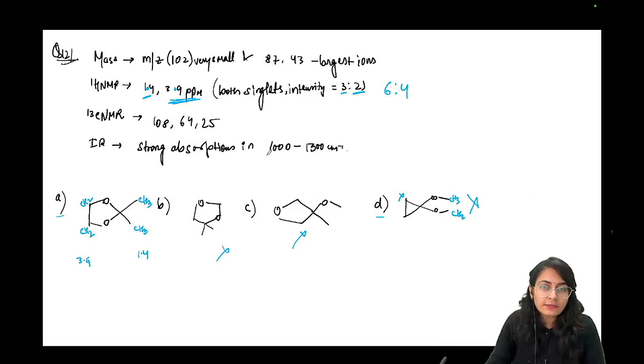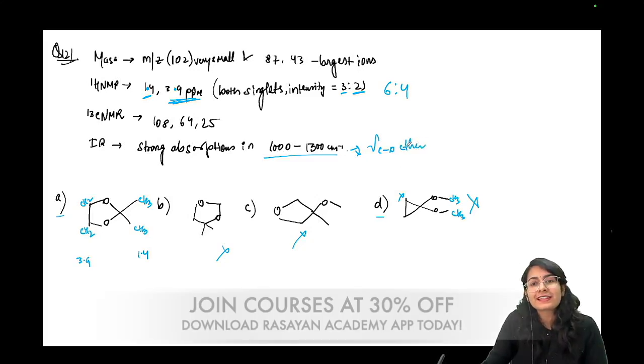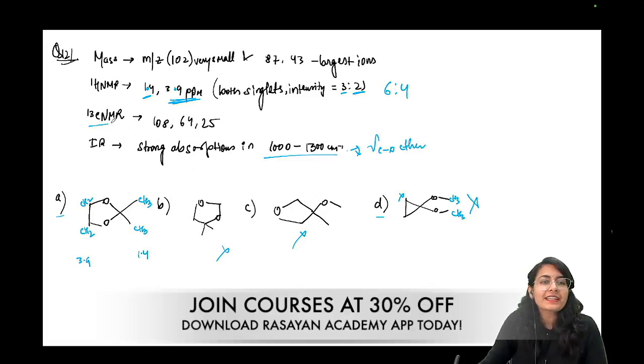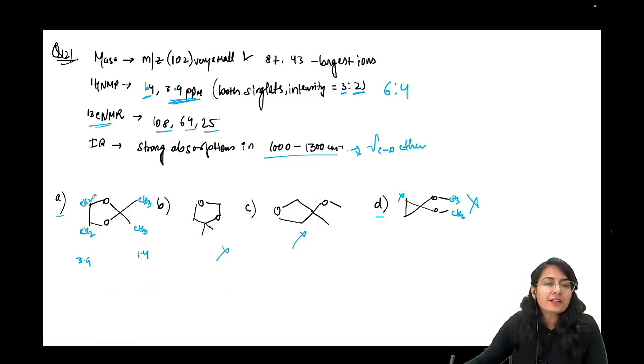Now, strong absorptions in 1000 to 1300 are the carbon oxygen stretching bands of the ether. Okay? C13 NMR 108, 64 and 25. So these are going to be 64. This is going to be 108 and these are going to be 25.